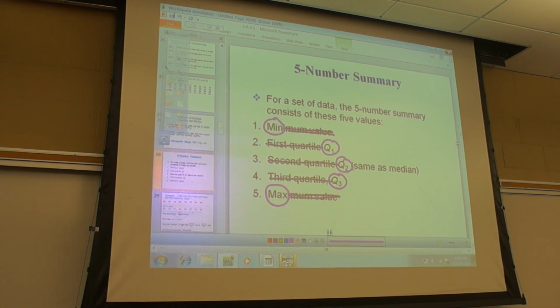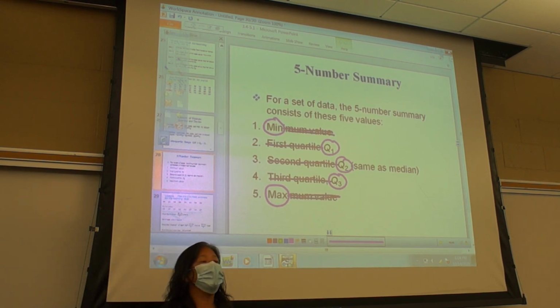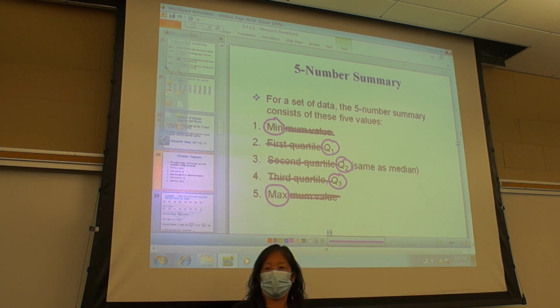So it's just the three quartiles we found, and the minimum value, the very first value, and the maximum value, the very highest value you have. So it's just those 5.